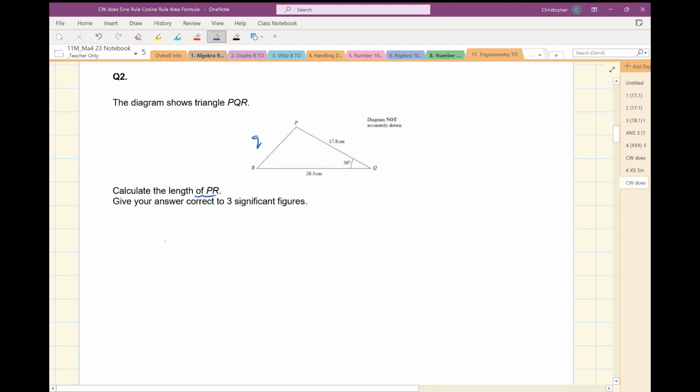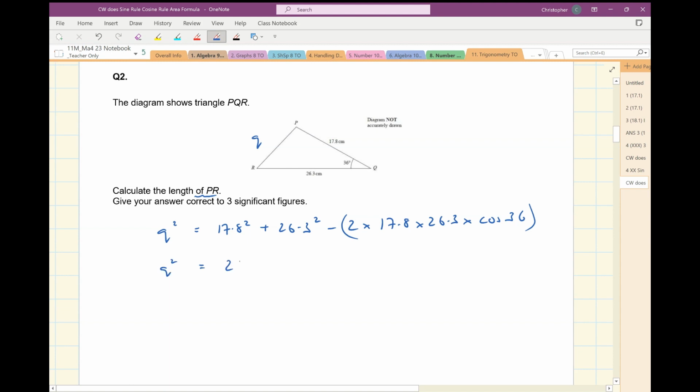And that is going to be that q squared equals the square of each of the other sides minus twice 17.8 times 26.3 times cos 36. So this gives me an expression that I can stick into my calculator to tell me what q squared is.